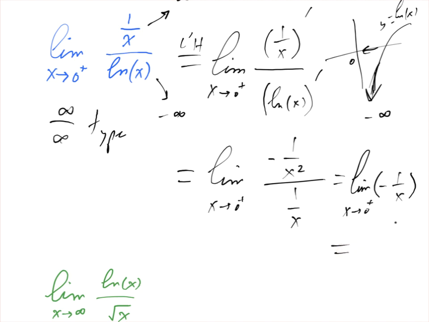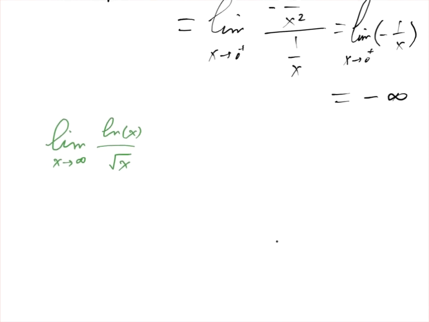As x goes to 0 from the right, 1 over x tends to infinity with a minus in front. It would be minus infinity. Or you can also say the limit doesn't exist as a real number.